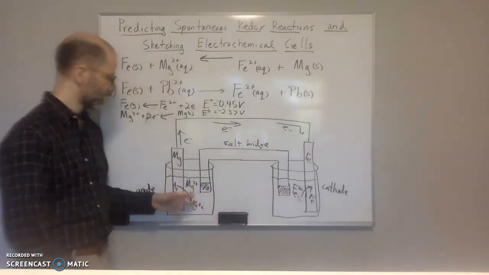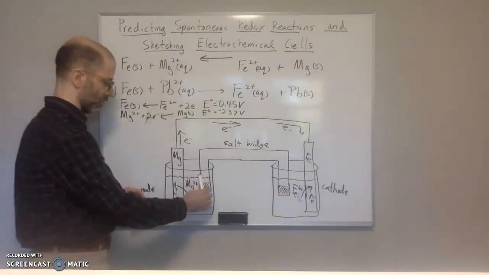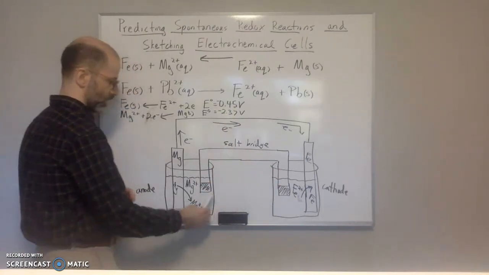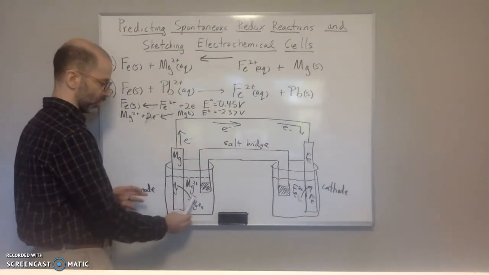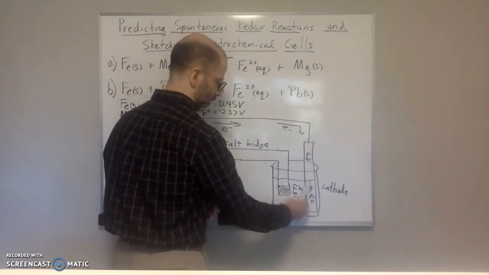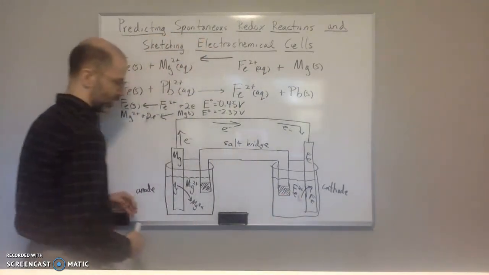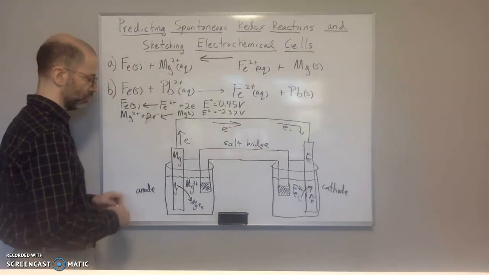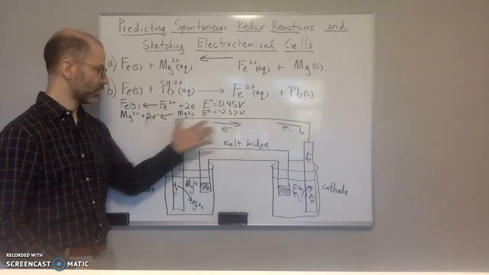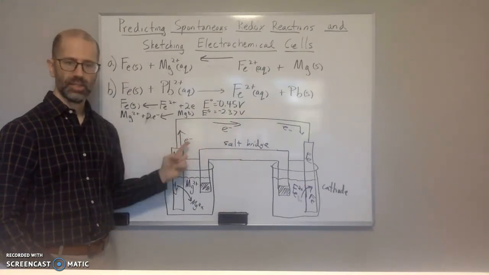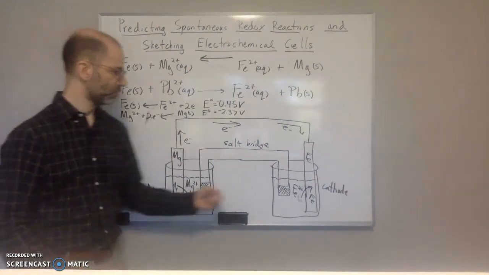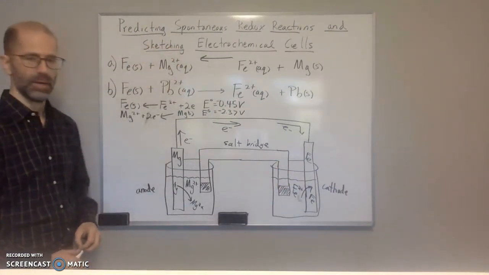To keep that going, you need some negative and positive ions in here that can flow to counterbalance the growing positive here and the less positive there. Otherwise, eventually the electron flow is going to slow down because this becomes more positive and this becomes less positive over time.